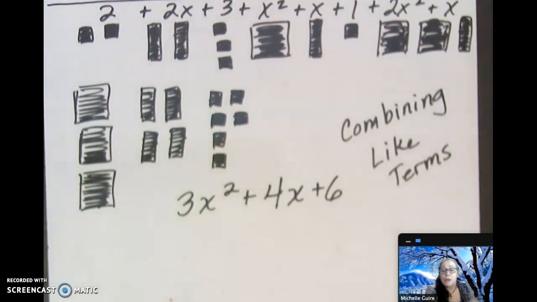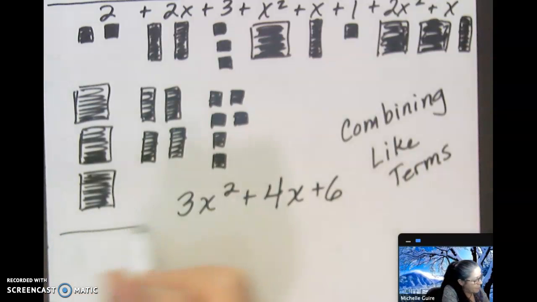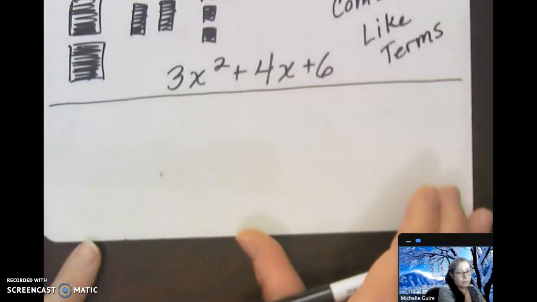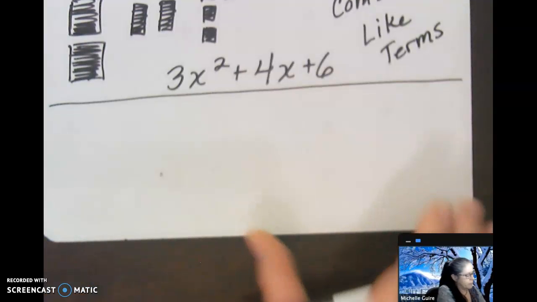And before you go, we're going to do one more problem. We're going to do one more problem that involves negatives and positives. So I'm going to draw a line right here. And I'm just going to use unit tiles and x's.